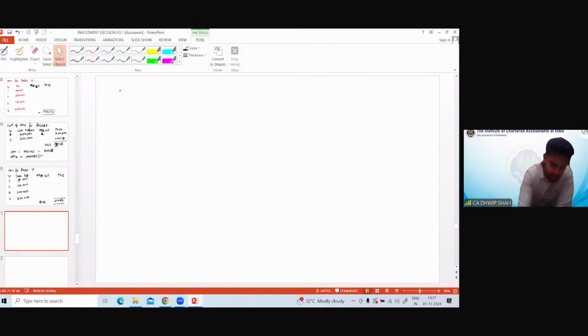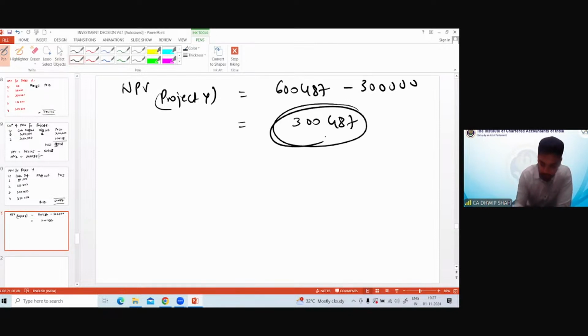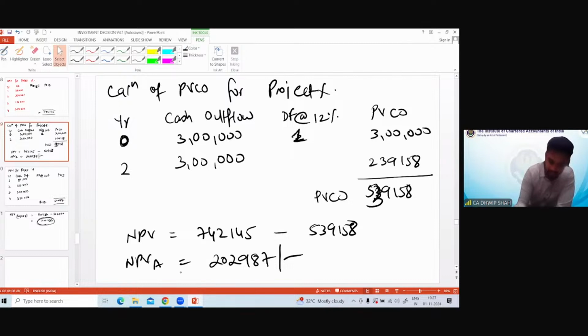So can I say my NPV for project Y is nothing but 600487 minus 3 lakh. 3 lakh is the initial investment. So 300487. Now this 300487 can be compared with 202987, and now you can decide which project to be undertaken because the lives are at par.